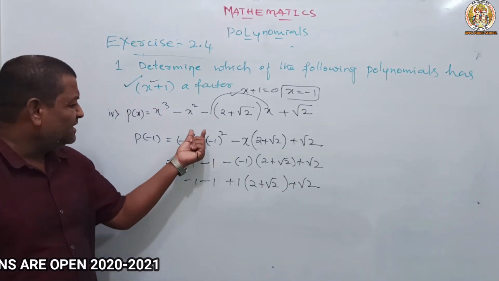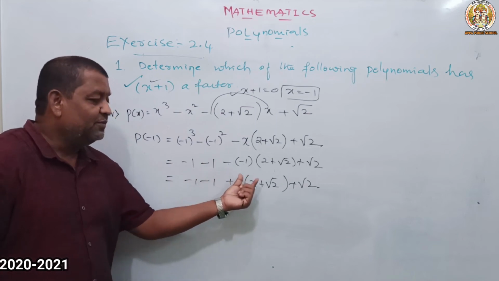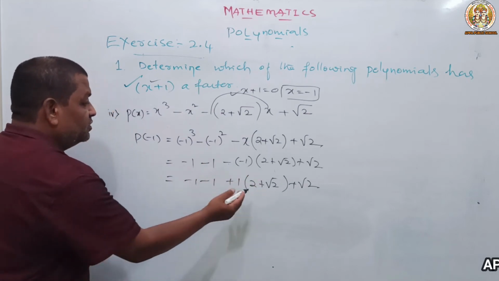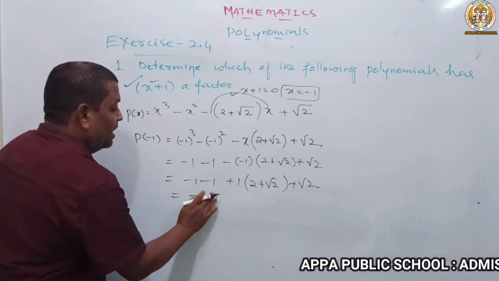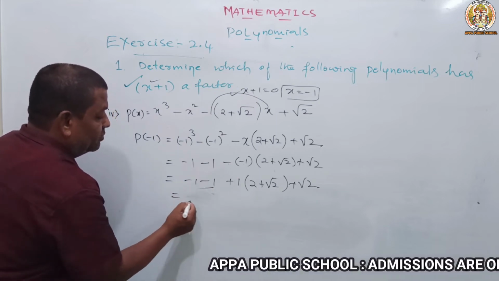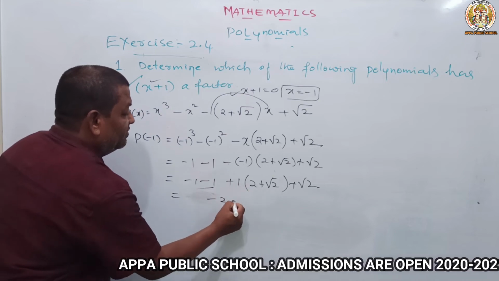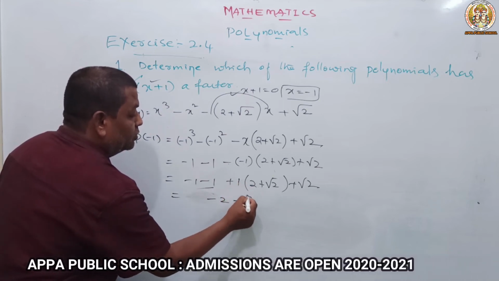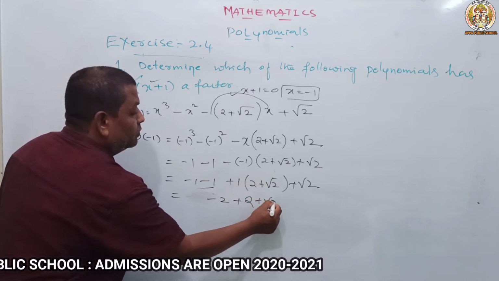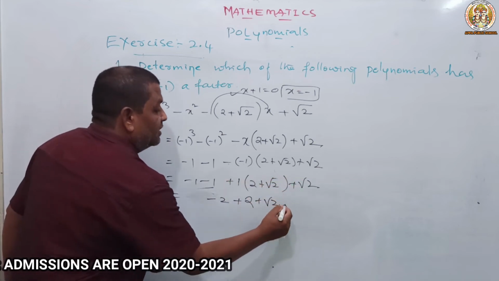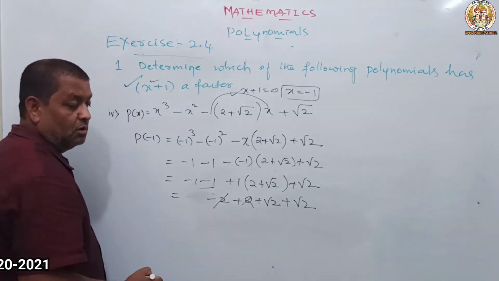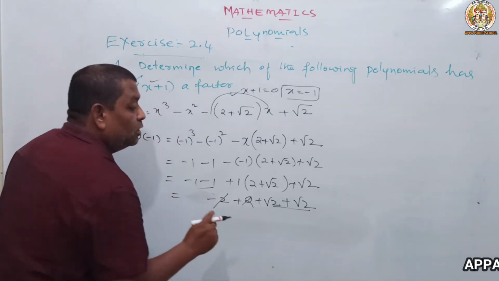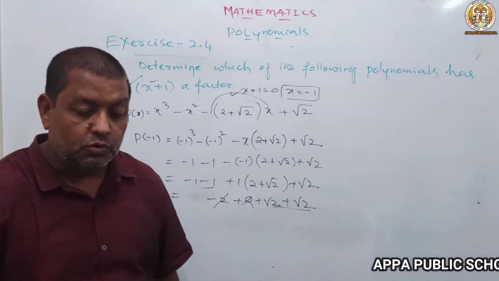So just we are opening the bracket and observe how the things will come. So finally, minus 1 minus 1, you can add these two, minus 2. Open this: 1 into 2 is 2, 1 into root 2, and last is root 2. So minus 2 plus 2 gone. What is left? Root 2 plus root 2.